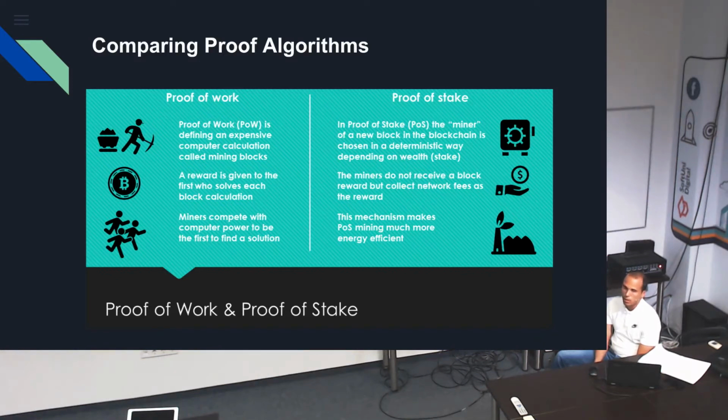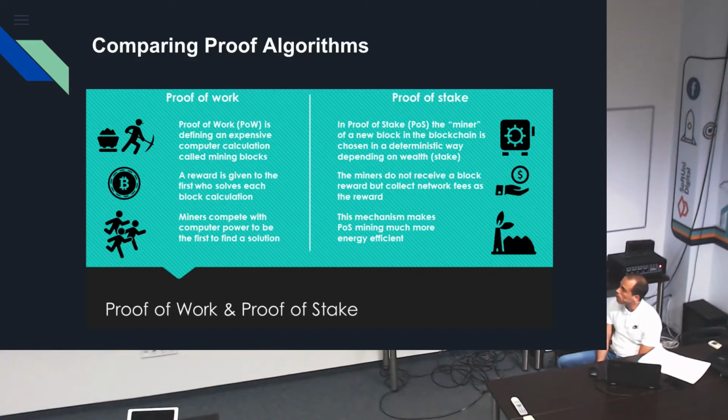We don't have a release date right now, but for sure it is going to move to proof of stake. What are the differences between both of these algorithms? Proof of stake is energy saving. We don't need so many miners to compute and solve these puzzles. That's why it's energy safe.